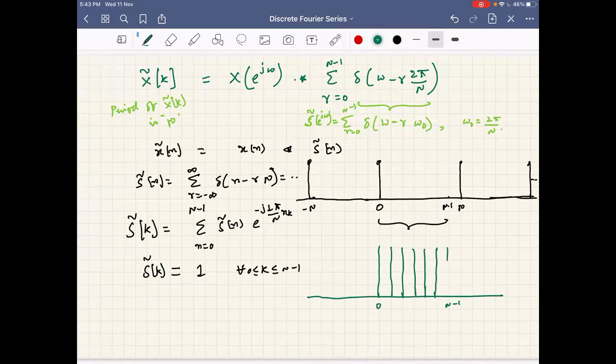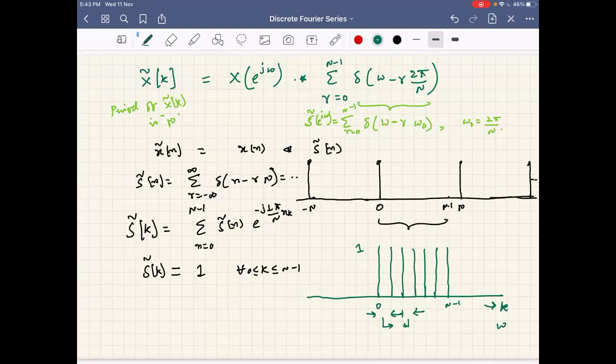You have all ones. Fine in this case, but what is the spacing between these two? If we write in index k, it is fine. In index omega, if you would like to see what is the gap between any two samples, how much is that?